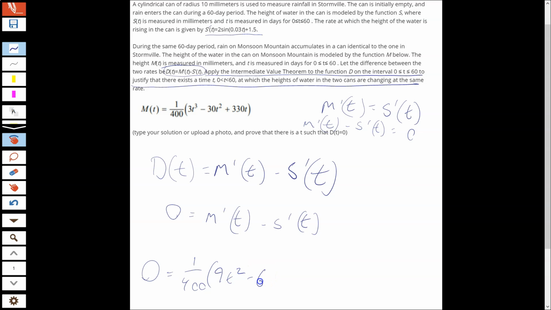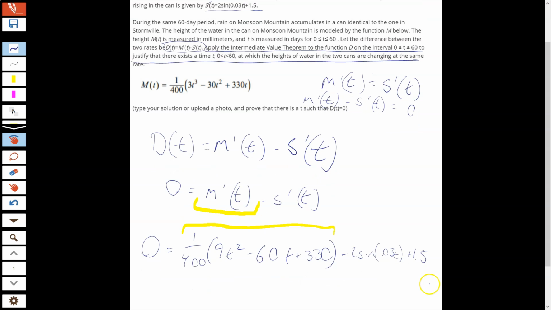So I'm just doing power rule, 60t plus 330. Okay, so that is m prime. And then s prime is already given to us as 2 sine 0.03 t plus 1.5. Okay, here's where intermediate value theorem is useful to us.